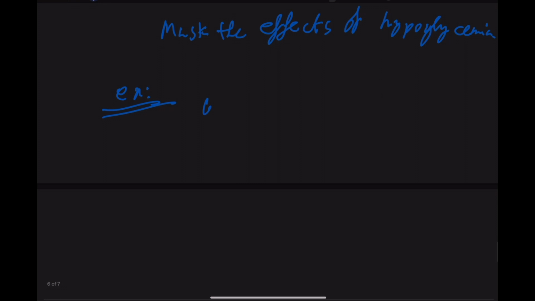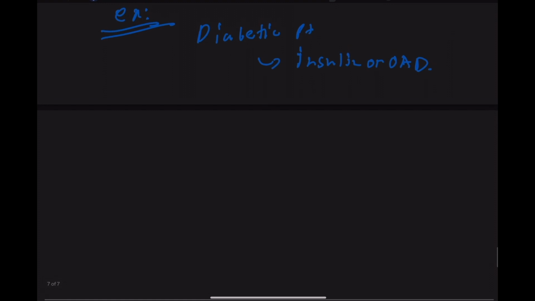So beta adrenergic antagonists are contraindicated in diabetic patients who are taking insulin or oral anti-diabetic drugs, because they mask the effects of hypoglycemia.